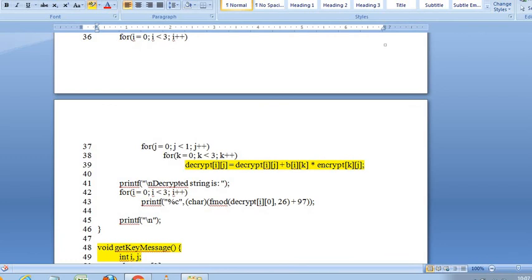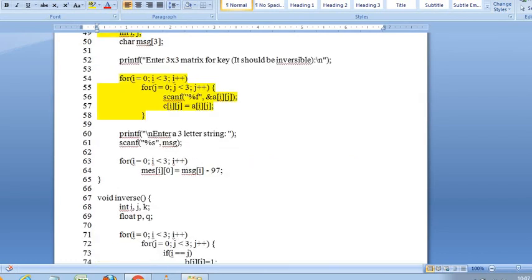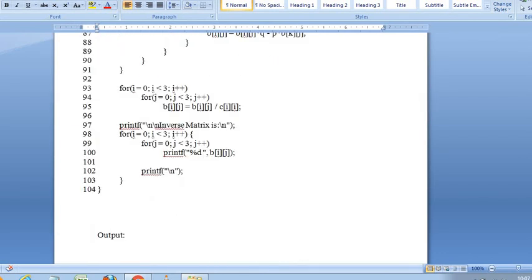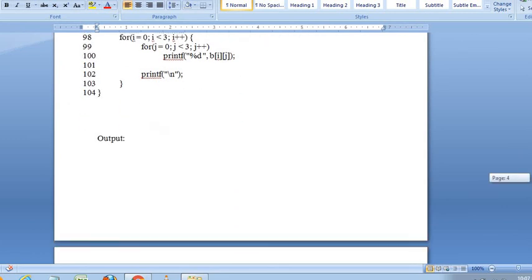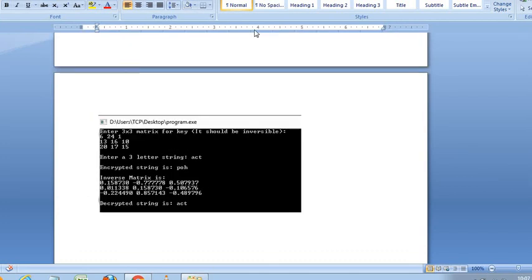After getting those values, we will take mod of that value, and the remainder value will be taken as the plain text. So that is the logic behind decryption and encryption. This is how it works. Simple, the inverse matrix is the main thing. Inverse matrix multiplications.